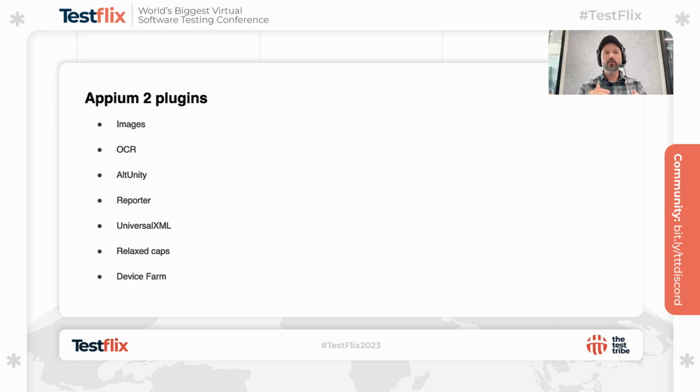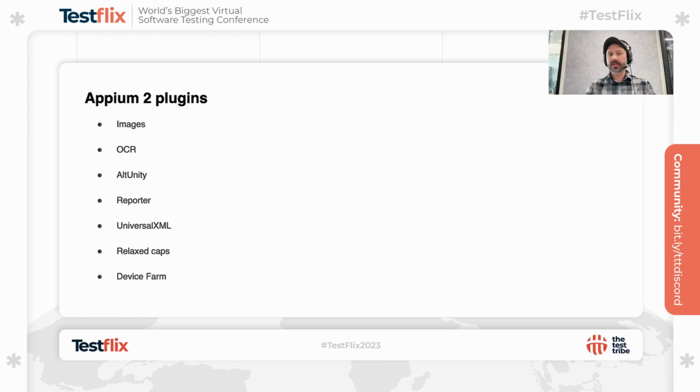The Appium OCR plugin, OCR standing for Optical Character Recognition, is similar to the Images plugin in that it looks at an app merely as a screenshot, as a collection of pixels, rather than as a UI hierarchy. It lets you find a region of the screen based on the text that's present in that region of the screen, even if that text is not a part of the accessibility layer of the app at all, even if somebody drew it with a pen or something like that.